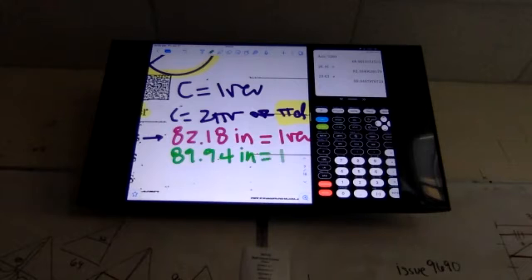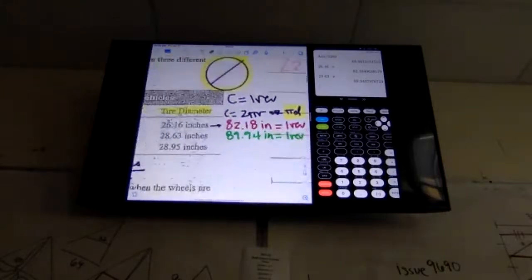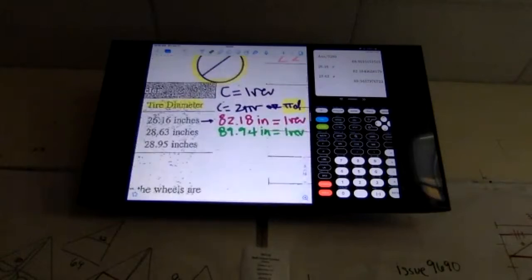Okay, so the first one we did was 26.16 times pi. And the second one I just did was 28.63 times pi.